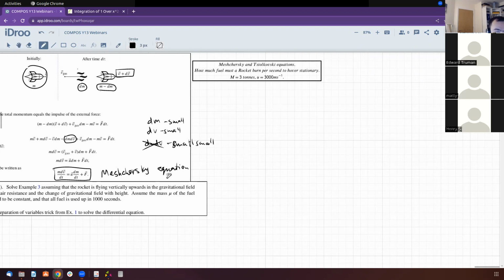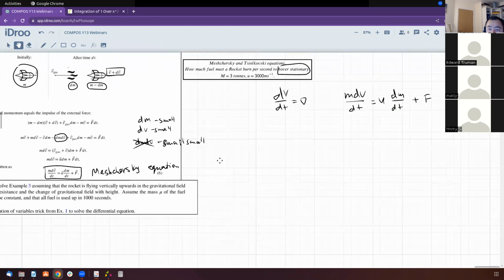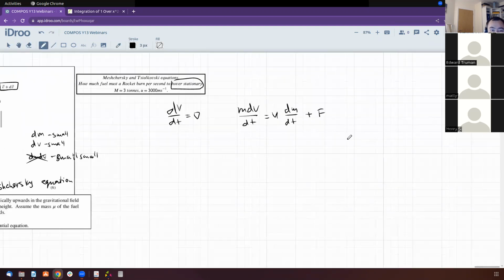Well, to hover stationary, that means that dv over dt must equal 0. So we have m dv over dt is equal to u dm dt plus F, the external force. And the external force in this case is gravity, and gravity is down.